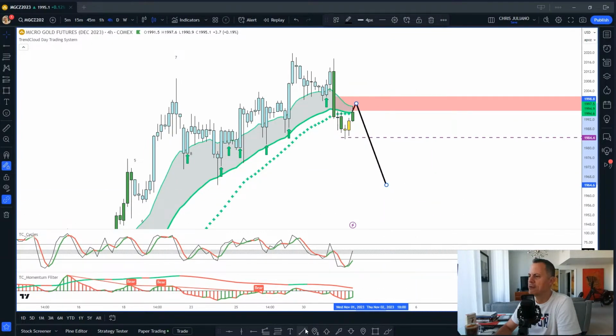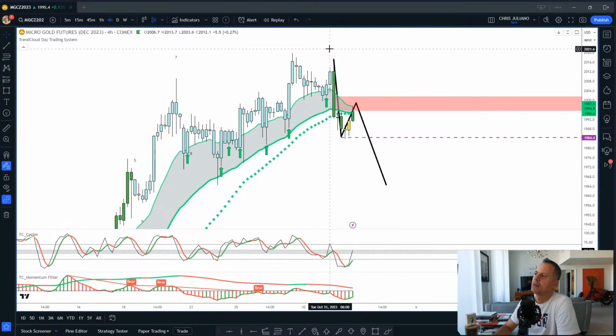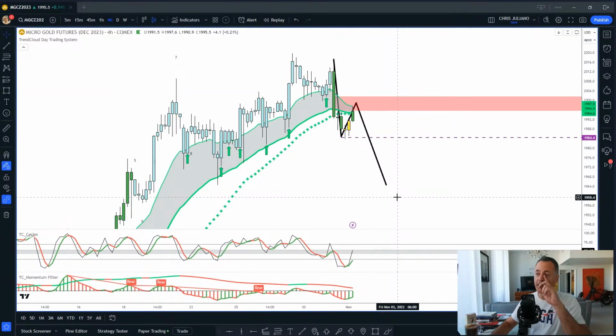So that's the pattern. It looks like this weird looking N or a lightning bolt: pull back, move up, break below. That's the trend reversal pattern.